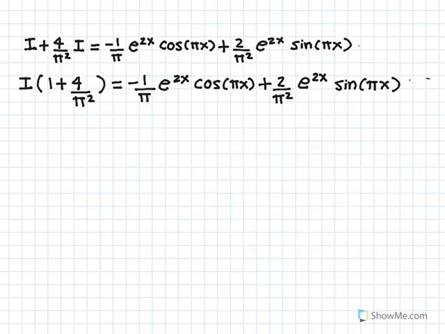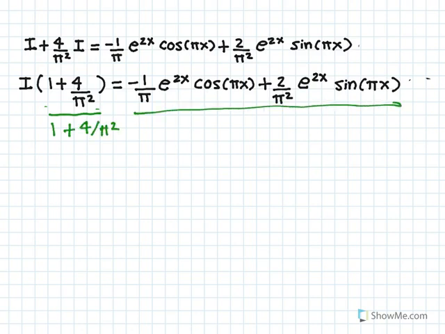All right, so all that we have to do now is factor out I times 1 plus 4 over pi squared is equal to negative 1 over pi e to the 2x cosine of pi x plus 2 over pi squared e to the 2x sine of pi x. So what we're going to do is just divide both sides by 1 plus 4 over pi squared.